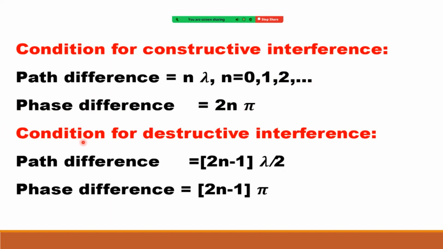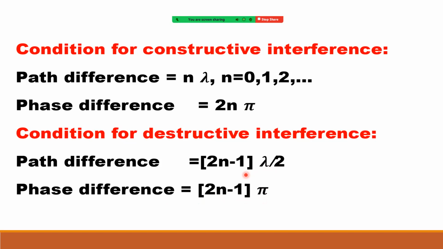Next, condition for destructive interference. Phase difference equal to 2n minus 1 into pi, like pi, 3 pi, 5 pi, 7 pi, and so on. So in terms of path, 2 pi corresponds to lambda, so pi corresponds to lambda by 2. Okay. So this is regarding constructive interference and destructive interference.